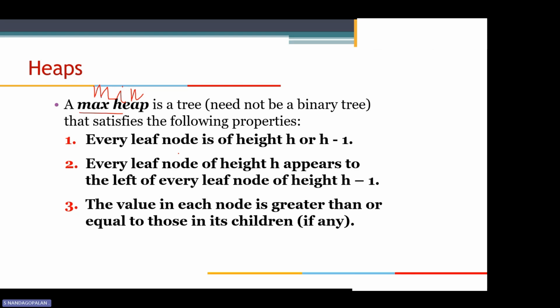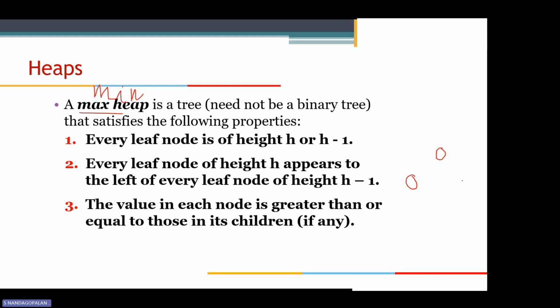In order to qualify for any tree to be called a heap, it should satisfy three properties. What are these three properties? Number one, every leaf node is of height h. So if I have a leaf node here, it should be the bottommost compared to anything in h-1, that is one height above it. Every leaf node of height h appears to the left, already written.